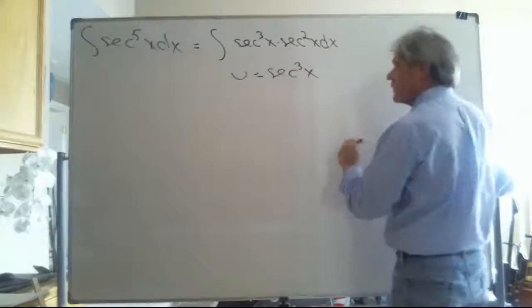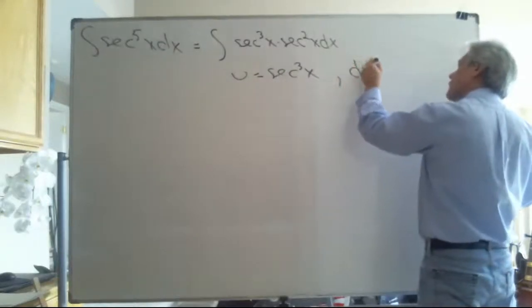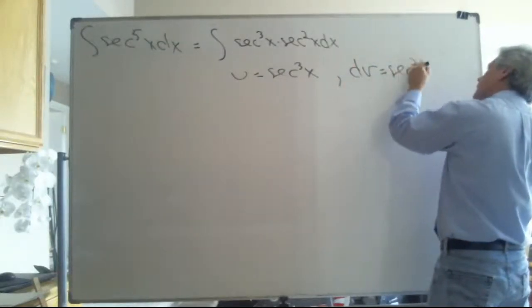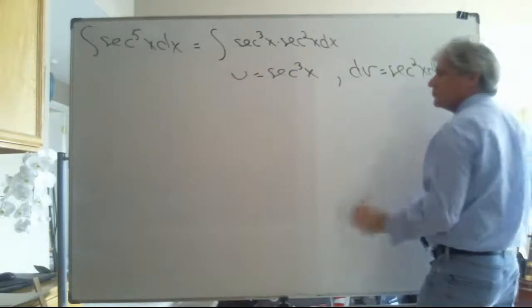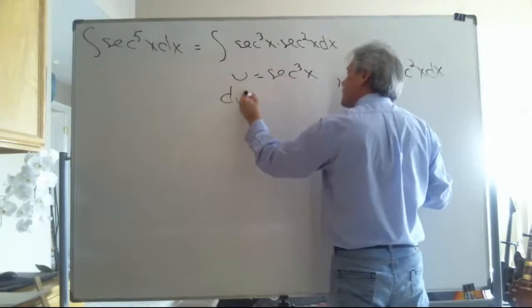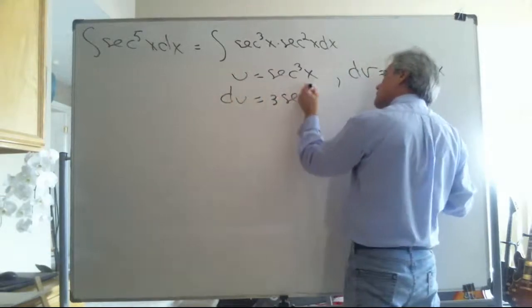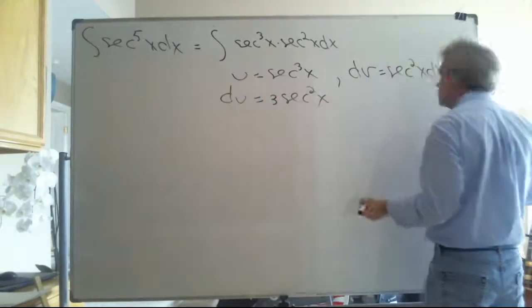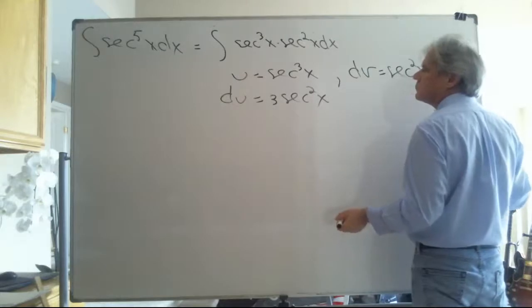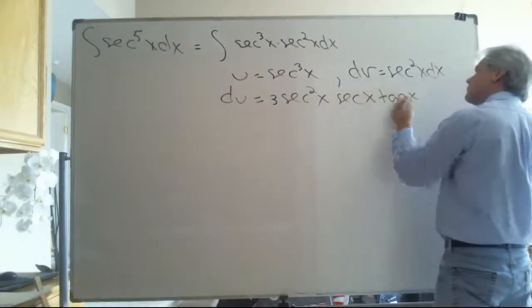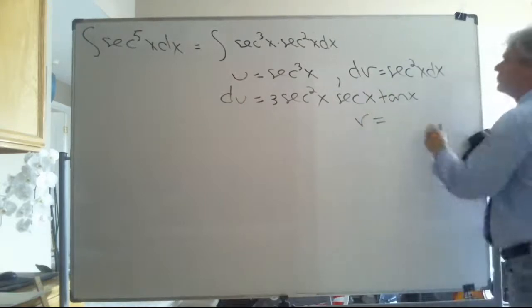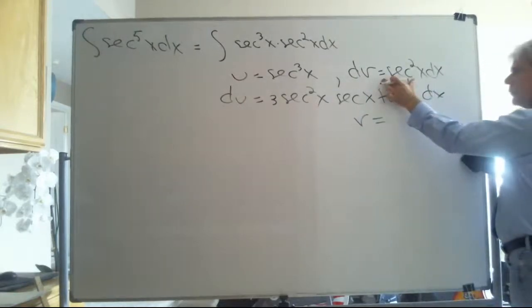because I could differentiate that, and I can anti-differentiate that, paying the consequence of my actions. Anti-differentiating.